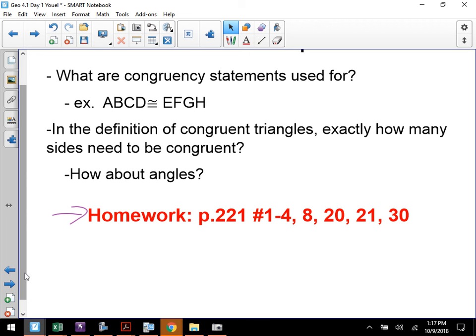Law of syllogism, detachment, how do you tell the differences, converse, inverse, contrapositive, P's and Q's, that stuff. And we'll have our quiz then on Friday. That quiz generally doesn't take all that much time, and I was not going to start anything new over a weekend. That's a certain level of meanness that I haven't reached yet.